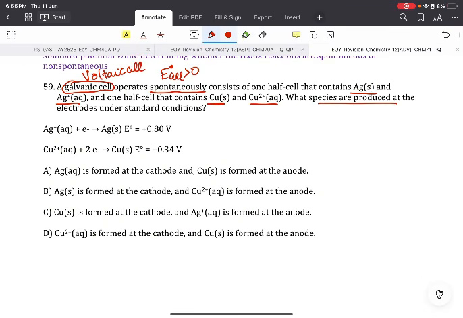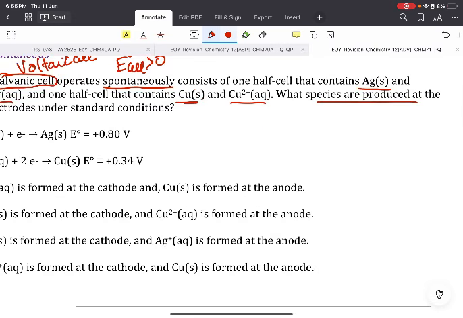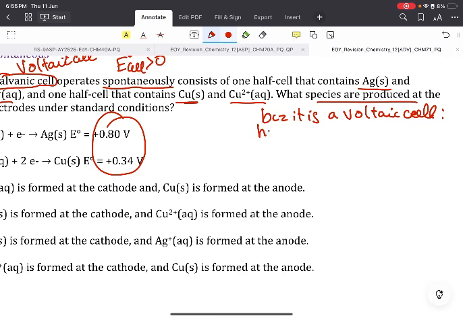Then they tell me what species are produced at the electrodes under standard conditions. Now, because it is a voltaic cell, we're gonna look at the voltages. The higher voltage will be cathode.